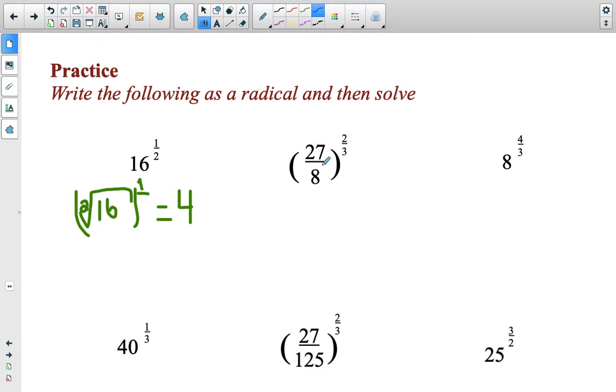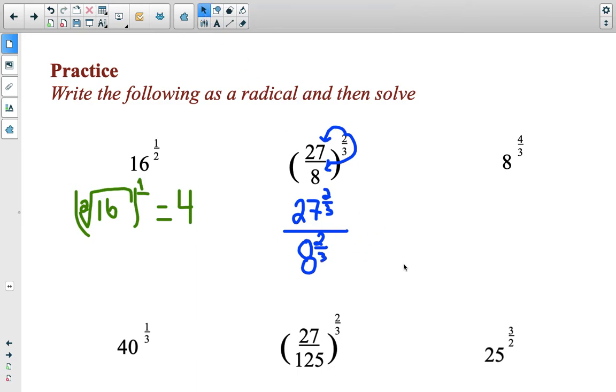Okay, my next one here. 27 over 8, all to the power of 2/3. So we learned in grade 9 that we need to distribute this exponent to both the numerator and the denominator. So that means that we end up getting 27 to the power of 2/3 over 8 to the power of 2/3. So we need to distribute that exponent, multiply it to what was already there. Okay, apologies for my writing here.